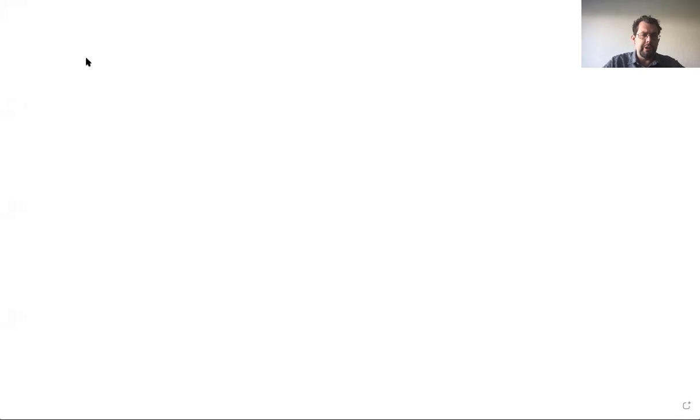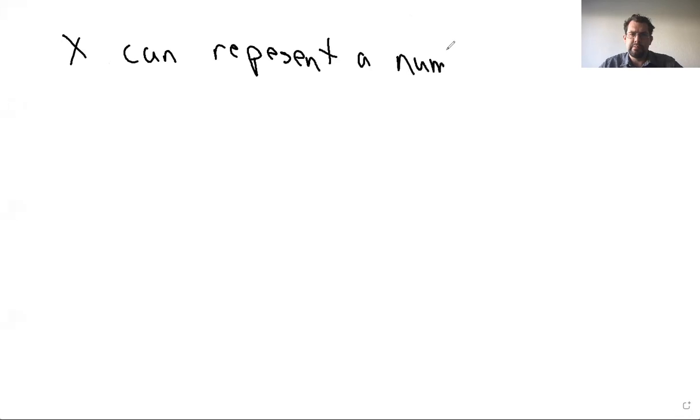All right, a variable is used to represent a quantity. So x can represent a number. So in the expression 2x plus 1, we've now merged it with numbers and some operations.